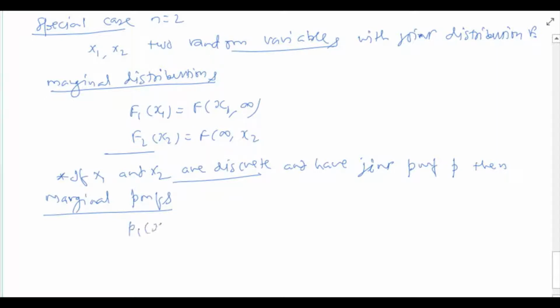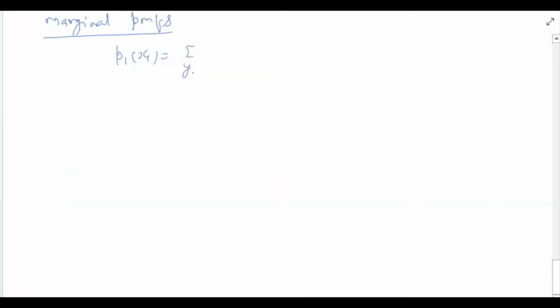So P1 of x1 will be summation over y2 of P of x1, y2. Similarly, P2 of x2 will be summation over y1 of P of y1, x2. In either case, we can compute the marginal distribution as summation of marginal probability mass functions.